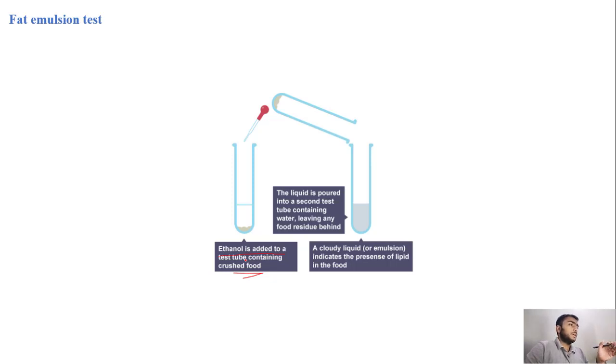Now as I told you that fat would not dissolve in water because it's non-polar, and you will see emulsion. So cloudy like emulsion is observed, and that verifies the presence of fat in this food sample.